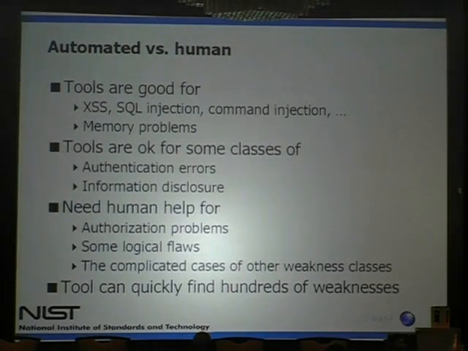They are okay for some classes of authentication errors and information disclosure. And you need human help for problems like authorization problems, logic flaws, and some complicated cases of other weaknesses. But of course, tools can quickly report hundreds of weaknesses for some classes, so that's an advantage of automation.